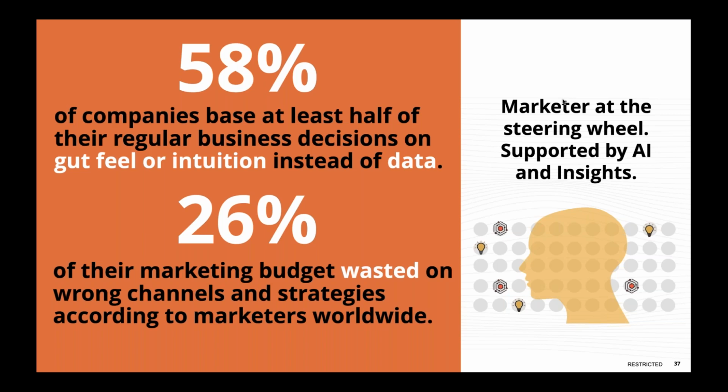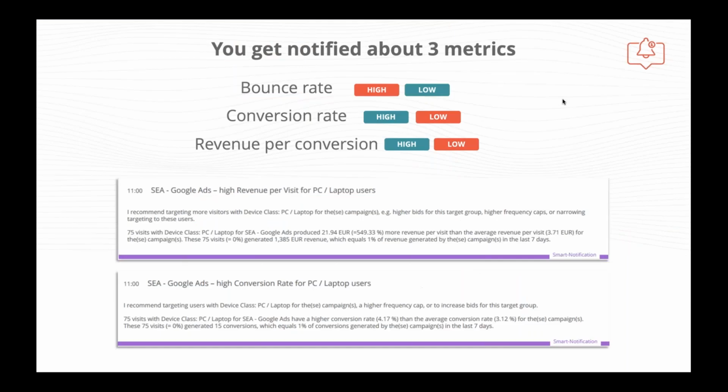And to no surprise, right? The insights and analytics can be quite hard. And we're trying to give you those insights in human understandable language so you can act upon it immediately. So Stefan, why don't you tell us more about how this actually works?